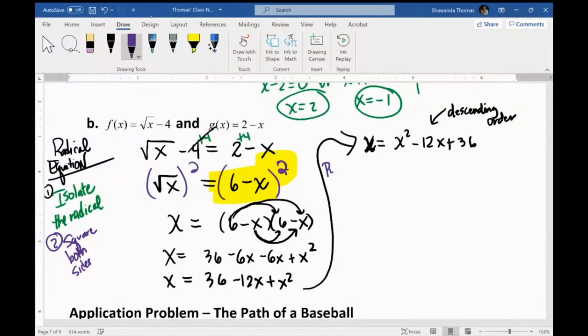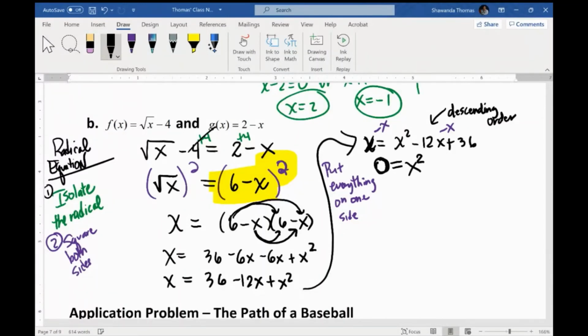The easiest way to do it here is just subtract x from both sides. Then you have 0 on the left side equals x squared.